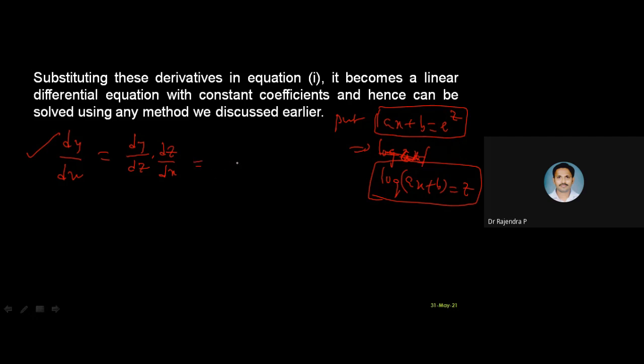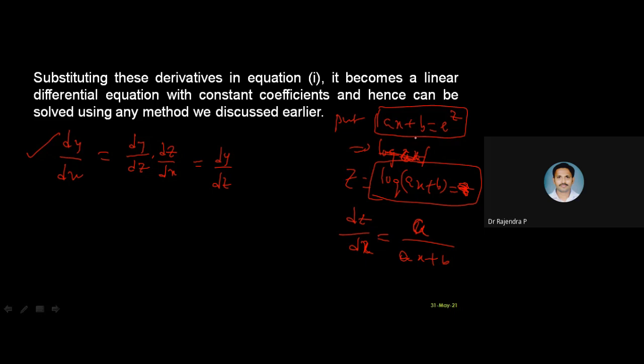Now, dy by dz into dz by dx. With respect to x, we have z is equal to log of ax plus b. What is your dz by dx? It is 1 by ax plus b, and again, the derivative of ax plus b is a.